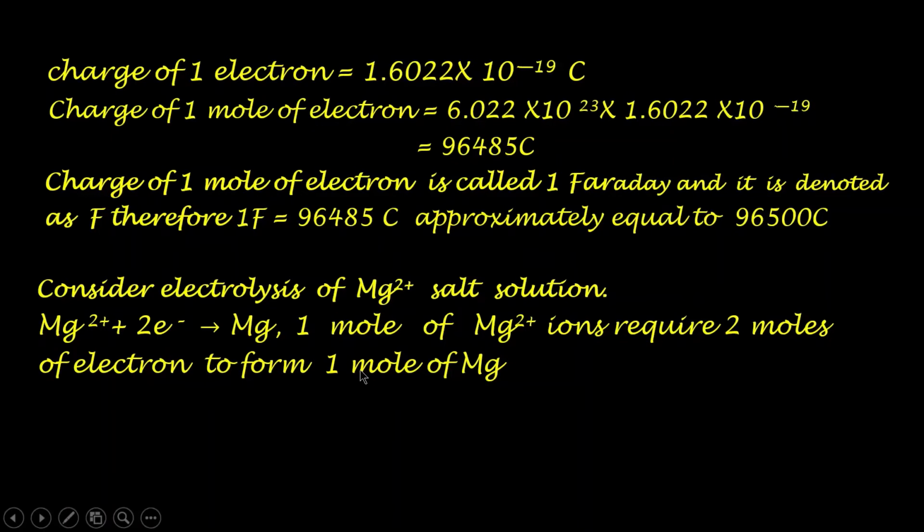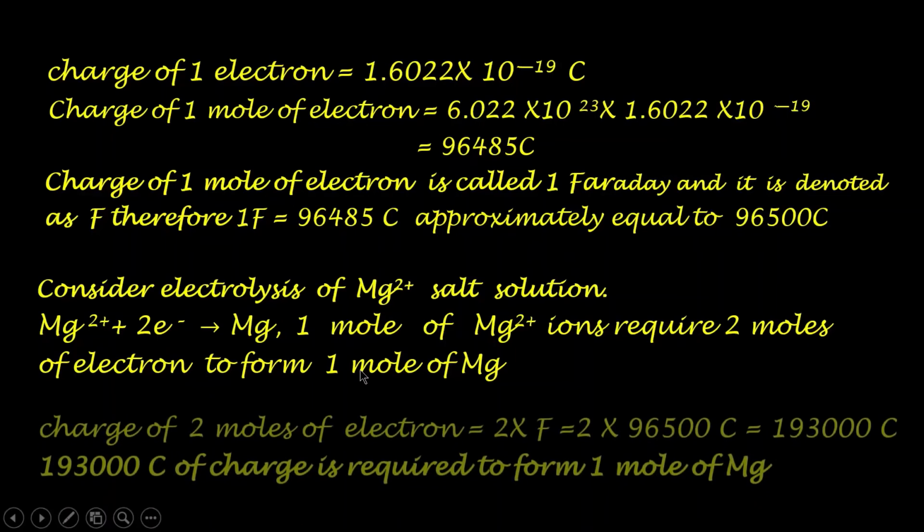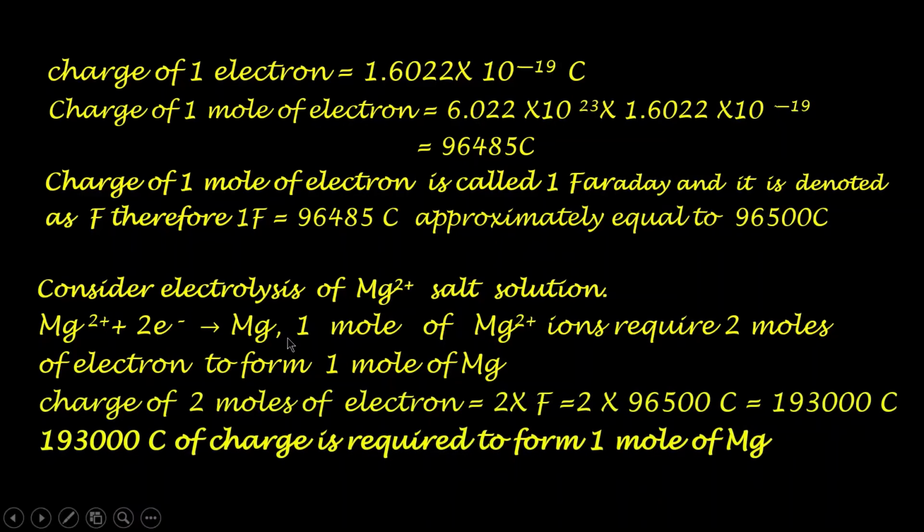Now what we have to do? We have to find out the charge of 2 moles of electrons, because here 2 moles of electrons are gained by 1 mole of magnesium ions.